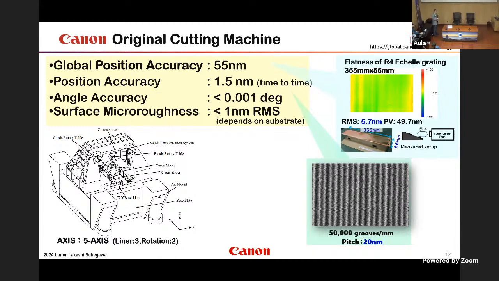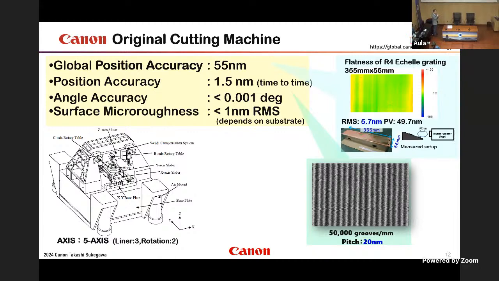Grating can be machined on every commercial machine, but of course we want to achieve good diffraction efficiency. This kind of accuracy is very important. 1.5 nanometers is usually enough for visible light wavelengths, and for shorter ones as well. And also angle accuracy is important.